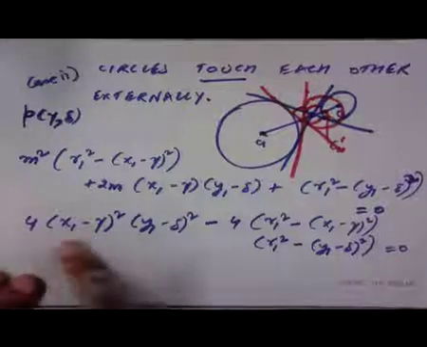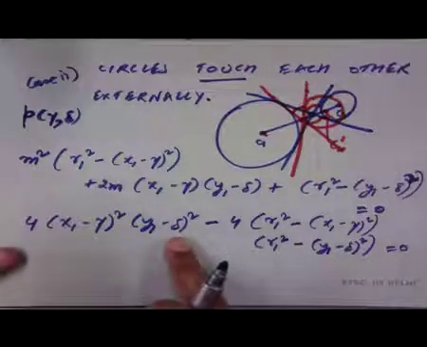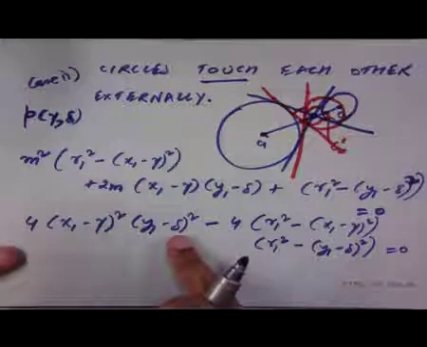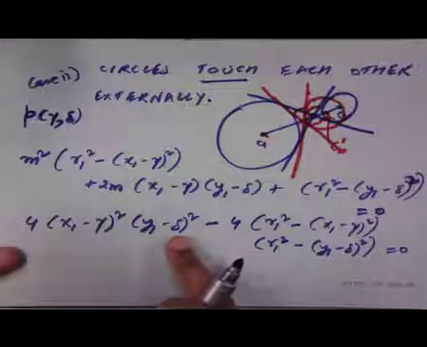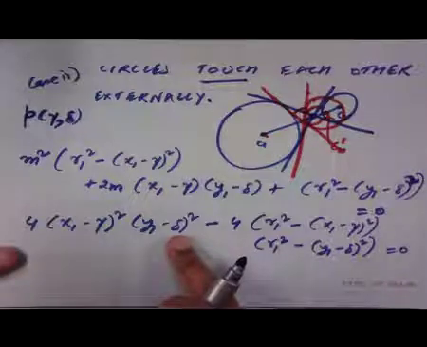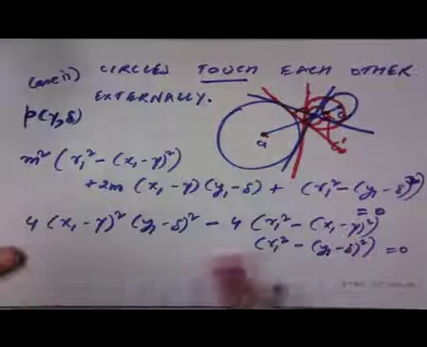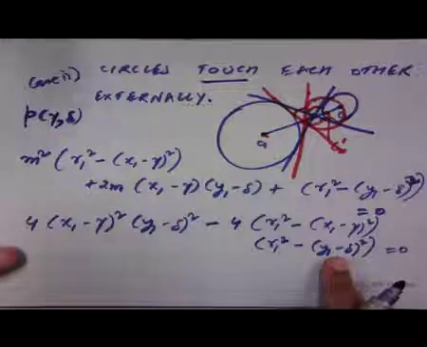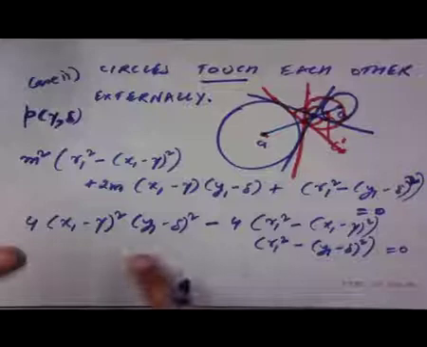So only if the coordinates gamma and delta of the point of intersection of the transverse common tangents satisfy this equation will we have only one transverse common tangent.